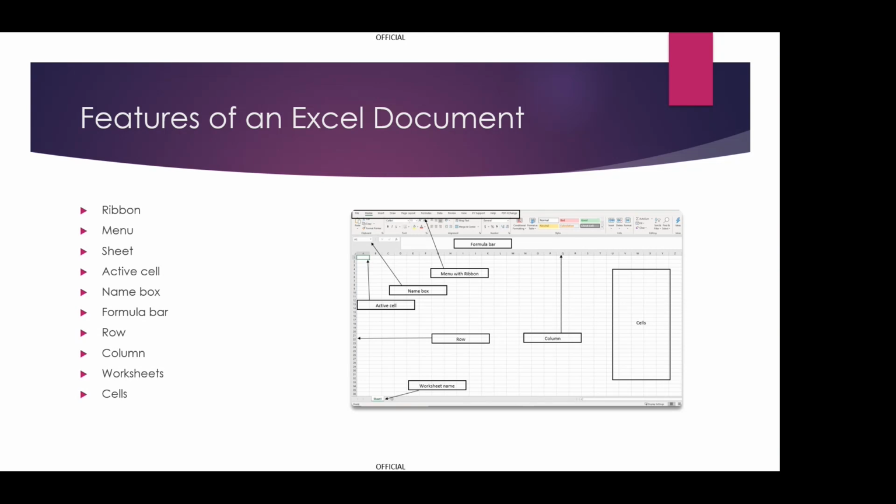The name of the box is listed, whichever cell you're working in, it'll tell you you're working in A1, so you know what cell you're working in. This information, the formula bar, is actually what you're typing into the cell. Okay, like I said, I'm going to show it all to you, so just use this as your introduction to Excel and all these programs.